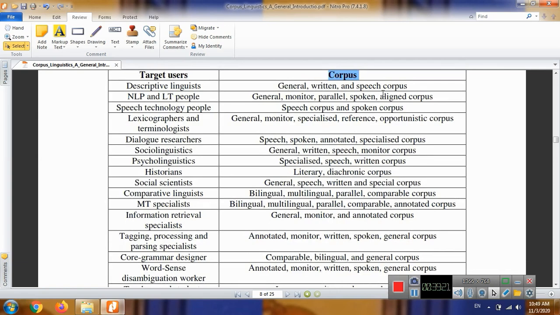For the general written and speech corpus, our target user is descriptive linguists.